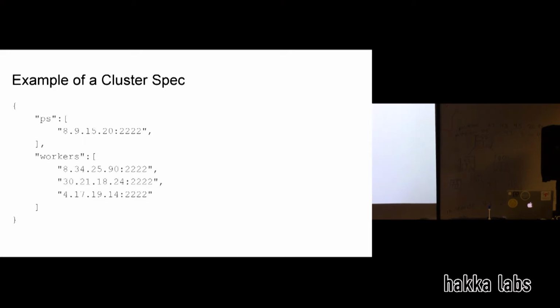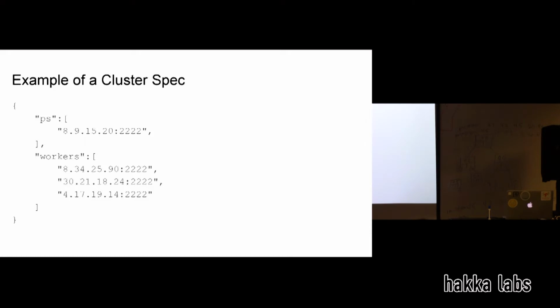When we launch the process, given a cluster spec, we have to indicate what your job is and what your task is. Inside the cluster, you can only have one node with that task.